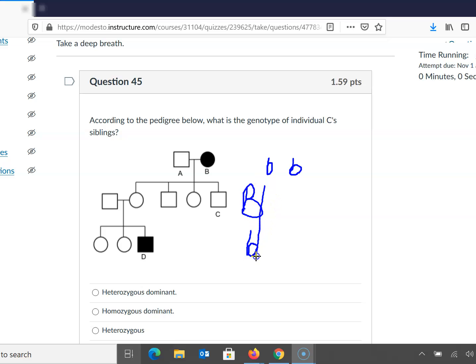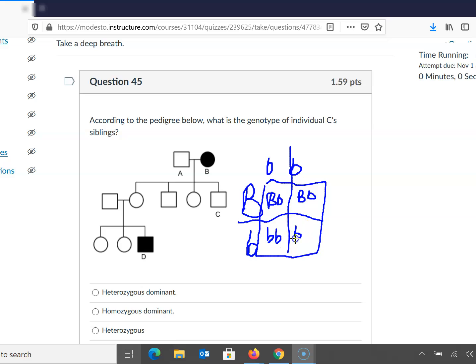So let's make all of the possible genotypes for individual C's siblings. You can have a heterozygous individual here. You have another heterozygous individual here. You can have a homozygous recessive individual.